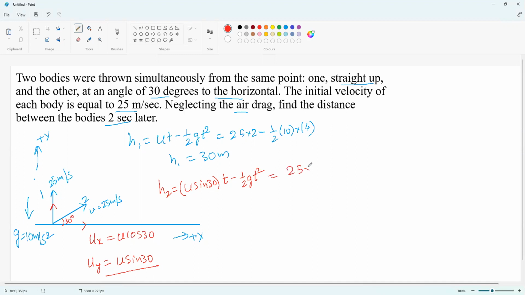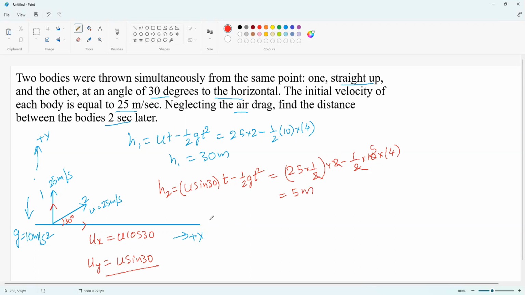So this is 25 into 1 by 2 into 2 minus half times 10 into 4. Now we get the answer of 5 meters. The second body has traveled vertically for 5 meters.